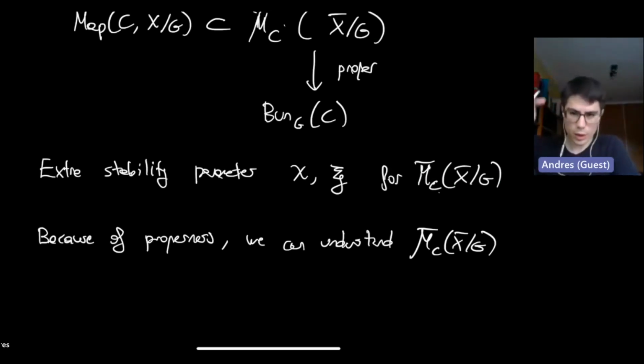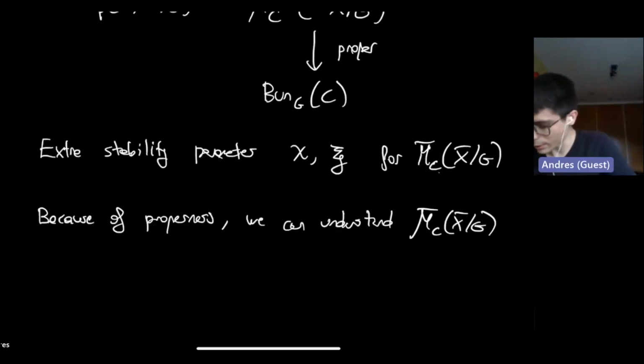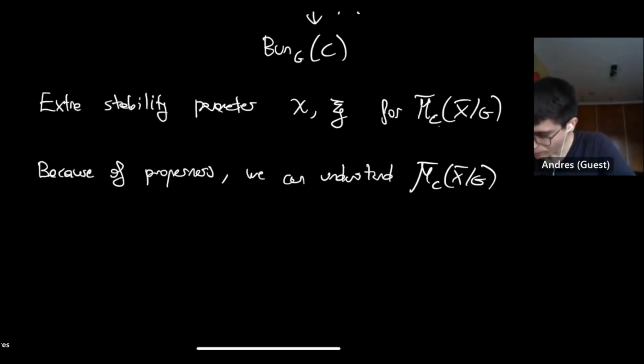So really this is a compactification relative to the GIT quotient, to the affine GIT quotient.